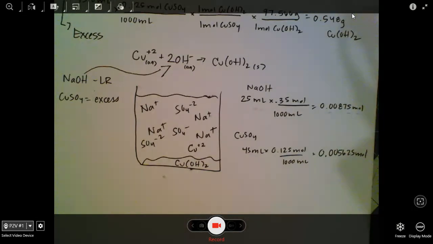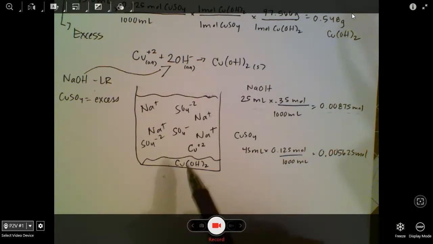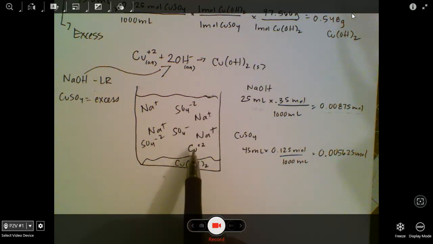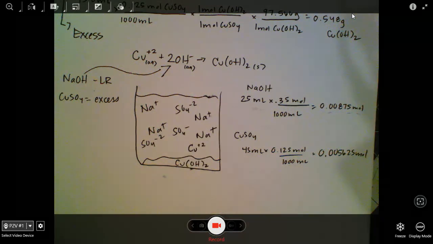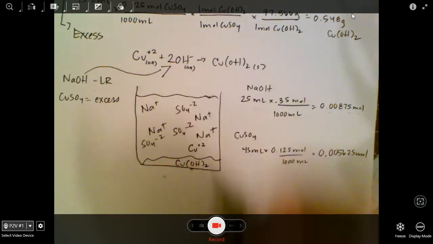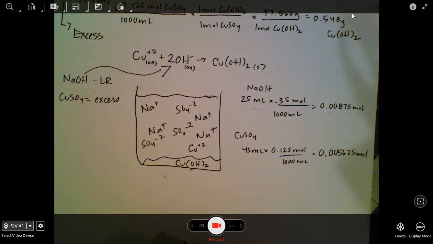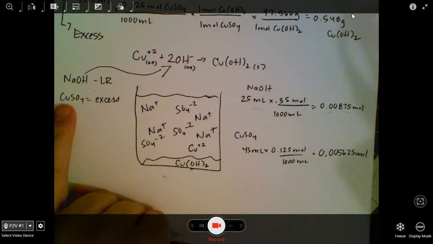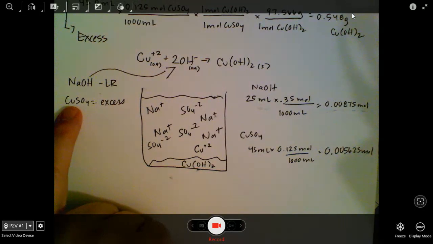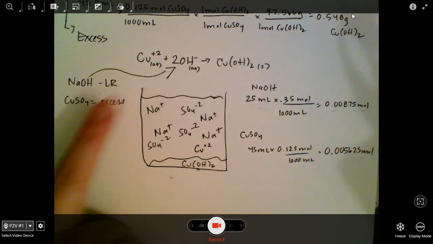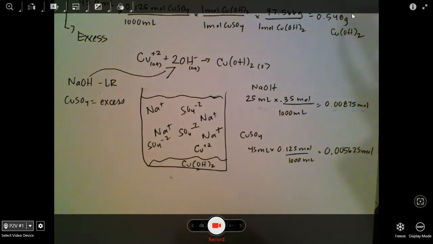Okay, so what you could potentially be asked to do is to draw a drawing with the relative amounts in there, and then you'd have mostly Na plus a little bit of the sulfate in there, slightly less, and then a teeny tiny amount of the copper that's floating around in there, and that's because the copper is the excess. So most of the copper is trapped in this copper 2 hydroxide precipitate, but a little bit of it is left floating around in the beaker.